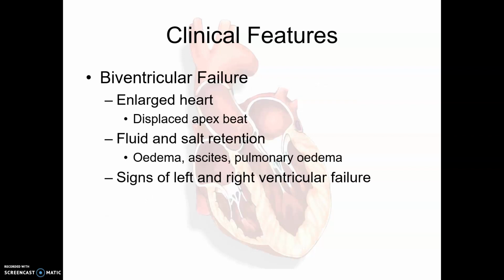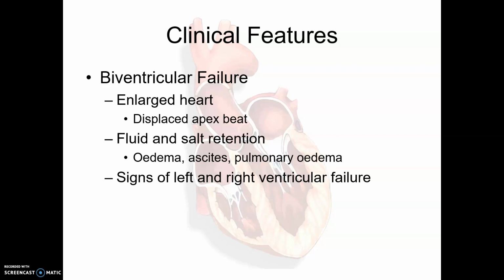And finally, biventricular failure, which is usually a chronic problem, and patients may present with acute decompensation. These patients have enlarged hearts because of ventricular dilatation and may have a displaced apex beat. They have chronic fluid and salt retention, leading to edema, ascites on the right venous side, and pulmonary edema on the left venous side.